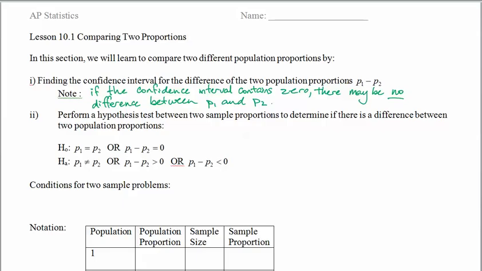The conditions for two sample problems are that there must be two different populations, and the sample from each population must be independent.